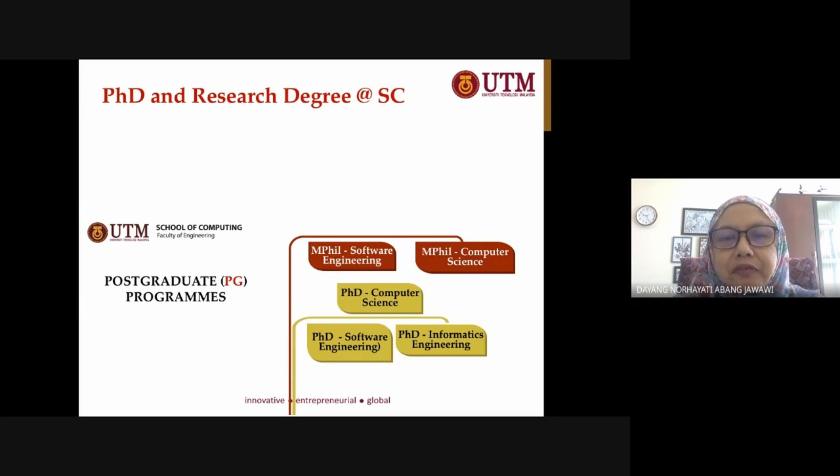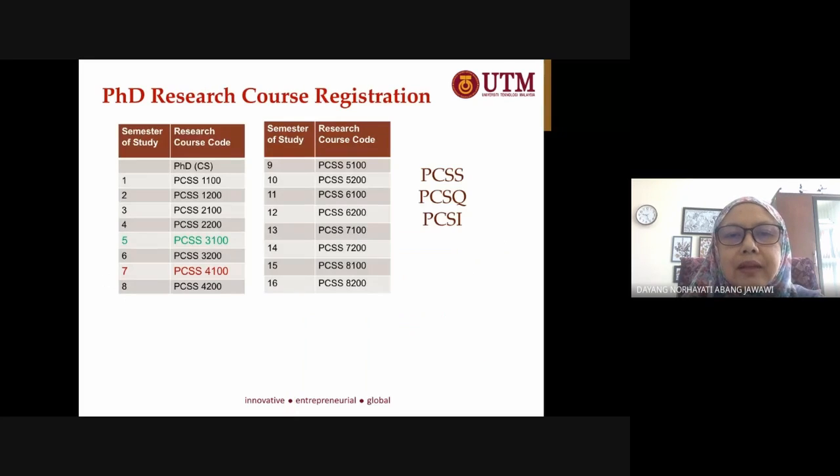What I colored here is the maximum registration, which is 16 semesters for PhD students. I colored green meaning a student in the 5th semester can submit a thesis, and I colored the 6th semester for them to graduate normally. So 5th is early graduation.